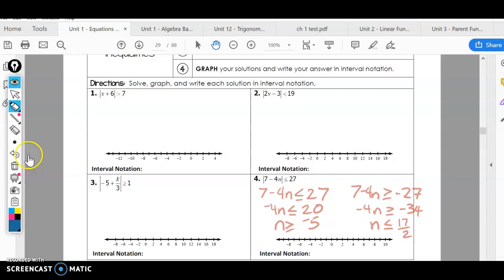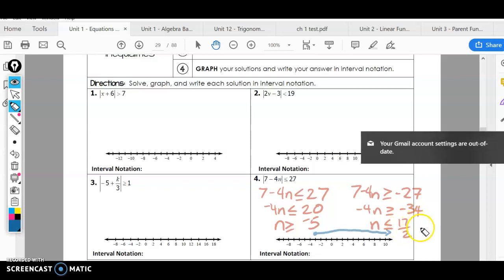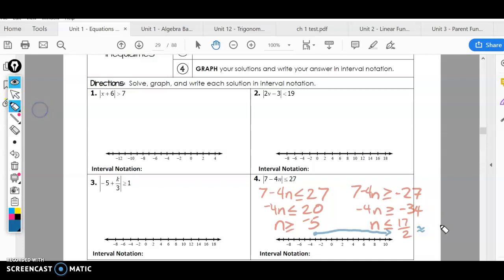Now to graph, I'm going to start with greater than or equal to -5. That's a closed dot pointed this way. But then I also have less than or equal to 17 over 2, which is about 8.5.